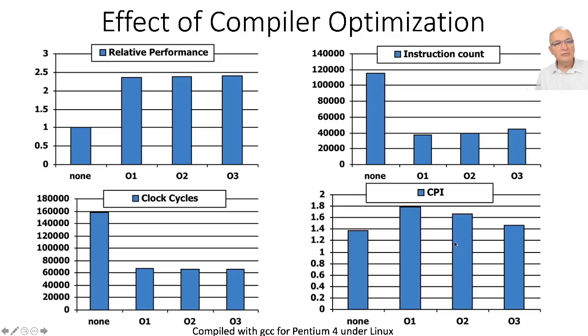And the reason is that the number of clocks per instruction reduces as I increase the number of instructions. So what's happening here is that the compiler is carefully choosing the instructions that it is using to implement this code, using more instructions that take fewer cycles so that the total number of cycles may be reduced.